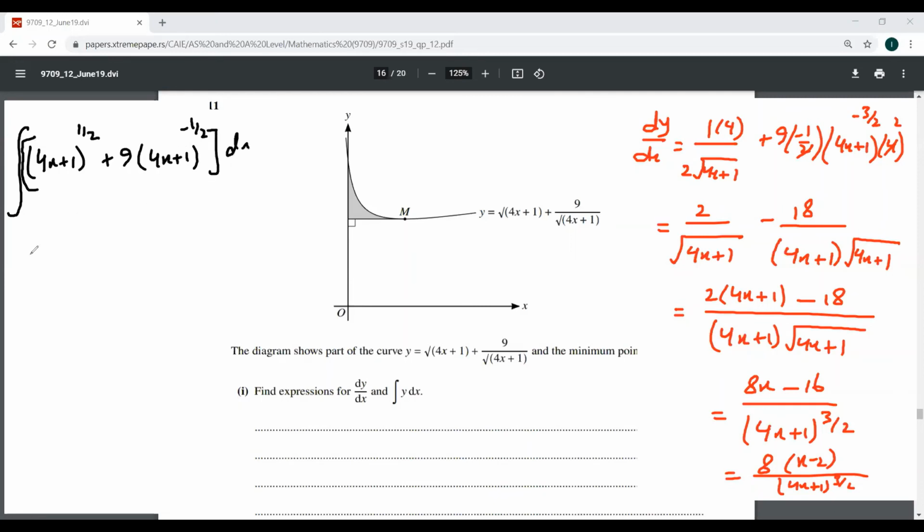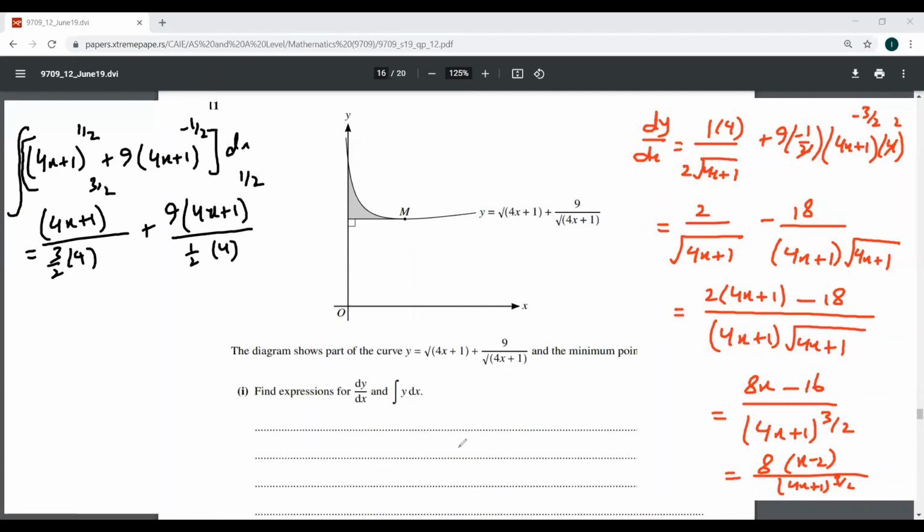We can directly integrate this. This is 4x plus 1 raised to power 3 by 2 over 3 by 2 times 4. This is 9 into 4x plus 1 raised to power half over half times 4.